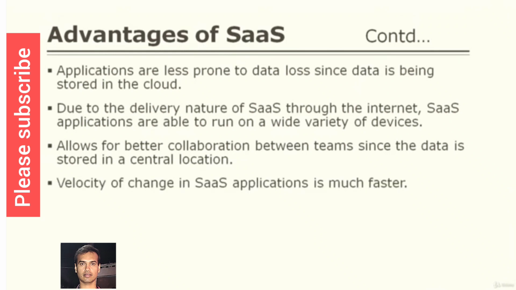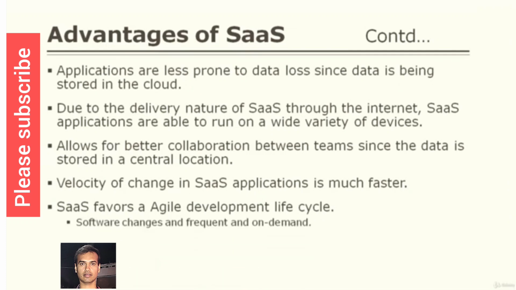Next advantage is the velocity of change in SaaS applications is much faster. We call this that SaaS favors the agile development lifecycle. What about the agile development lifecycle? When we are using software, there are frequent changes to the software, and these are on demand.